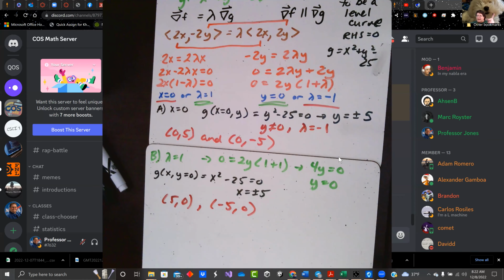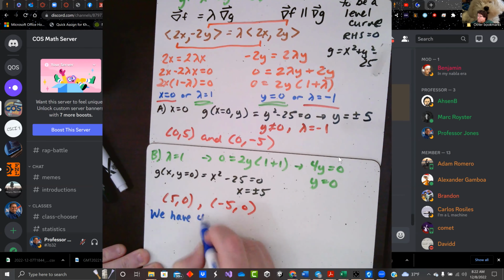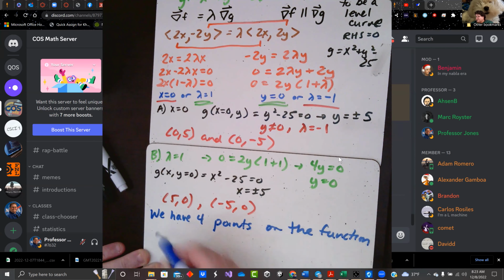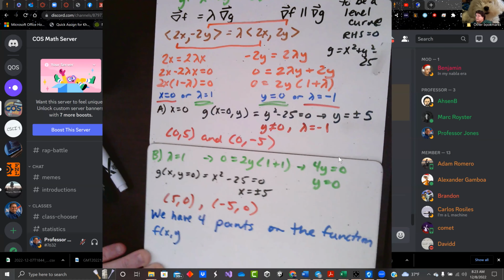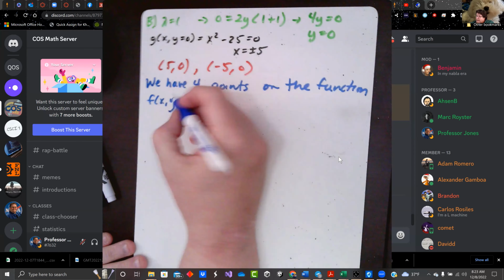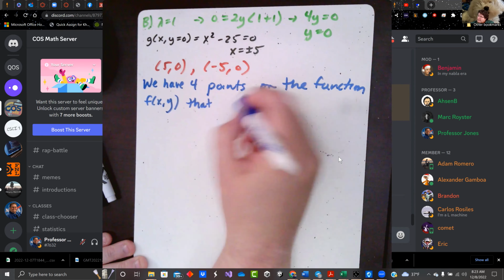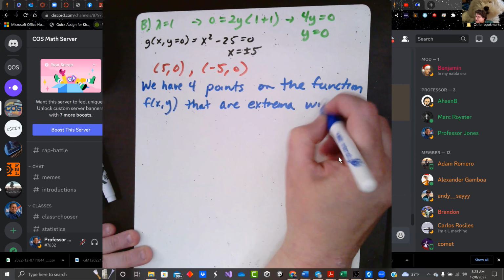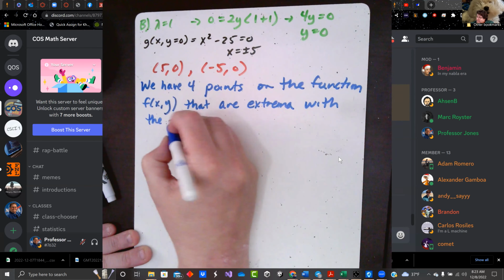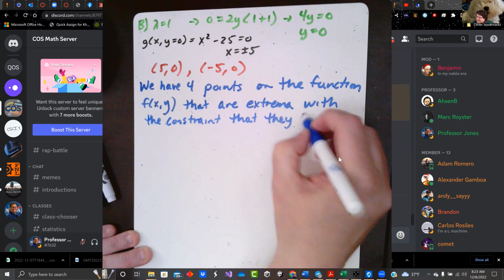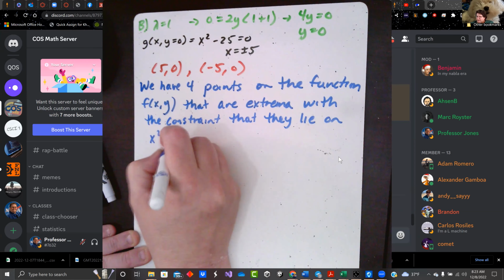So what we have now, we have 4 points on the function f of x, y that are extrema with the constraint that they lie on x squared plus y squared equals 25.